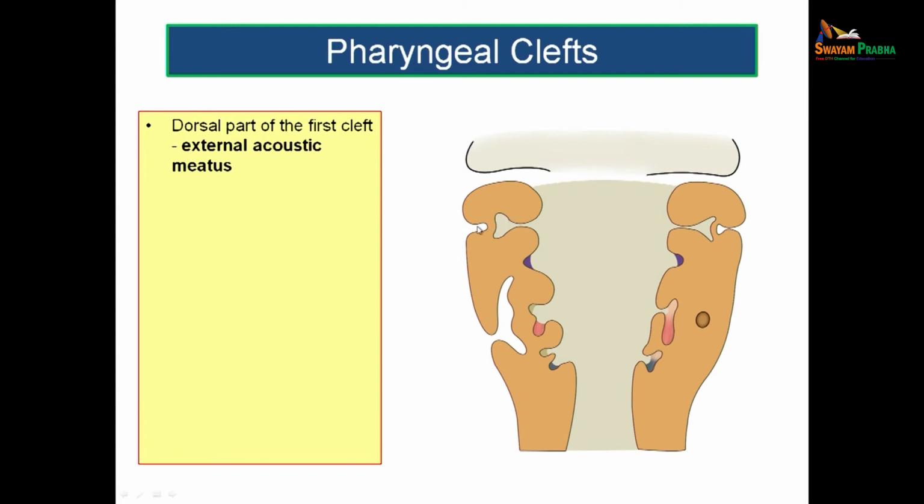So in between these two cavities, you will be getting the formation of the tympanic membrane. If you take this as the tympanic membrane, you can see that there is a mesodermal core here. You get the ectodermal portion on the outer aspect and the endodermal portion on the inner aspect. So this is the future position of the tympanic membrane.